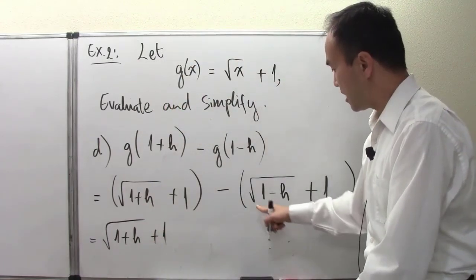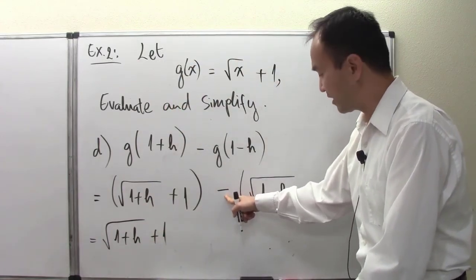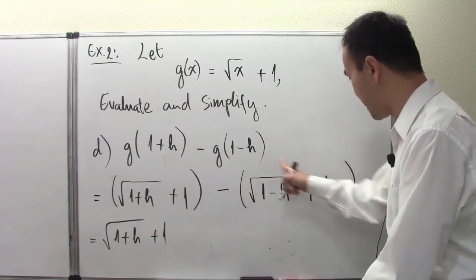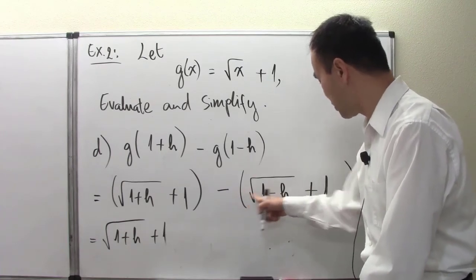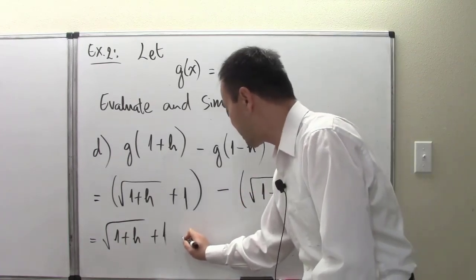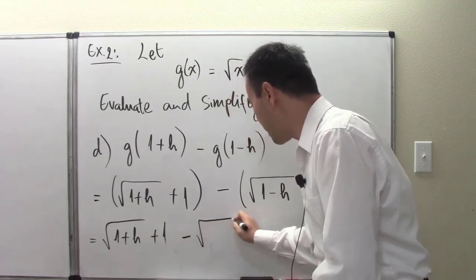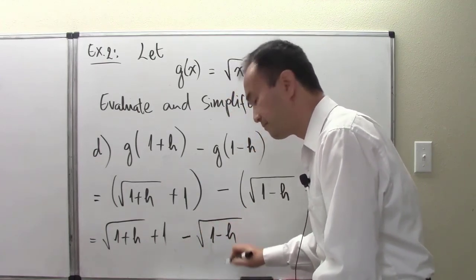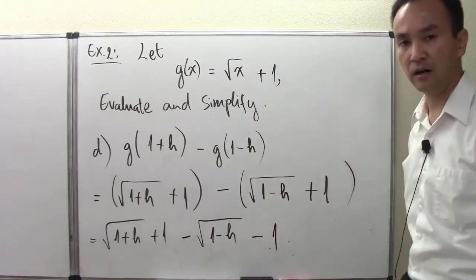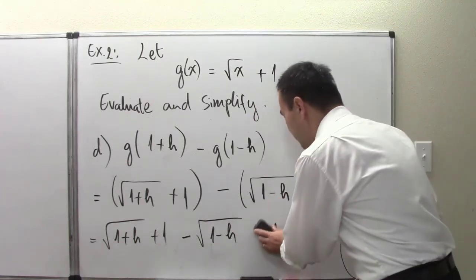But now be careful with that negative sign right here. It's a subtraction sign, but it's also a negative. So when we take away the parentheses, we are going to switch the signs in every term inside this group. That means I'm going to have a minus square root of 1 minus h, and minus 1.